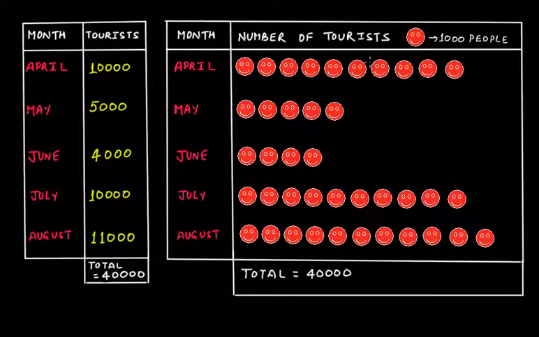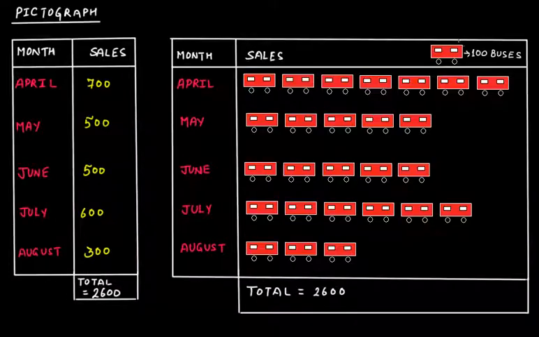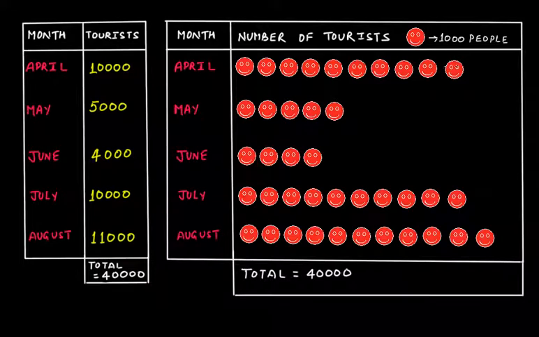Second thing, always show what that image represents in terms of frequency or count. What count does one image represent? So in this case, one image is 100 buses, and in this case, one smiley face represents 1,000 people. So 10,000 means what? I'll have to draw how many of these faces?